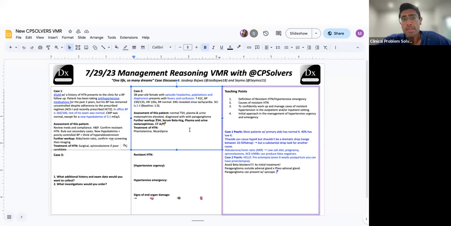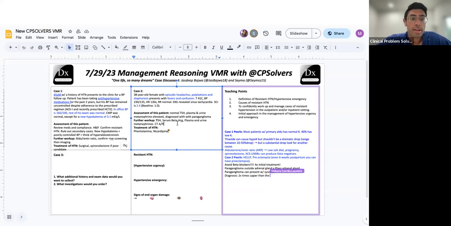In terms of how we test for these patients, the fractionated metanephrines are the first step. I just want to caveat though that it is only diagnostic if it is greater than 2 times the upper limit of normal. Mild elevations can occur with a lot of different medications, such as tricyclic antidepressants, antipsychotic agents, and SSRIs.